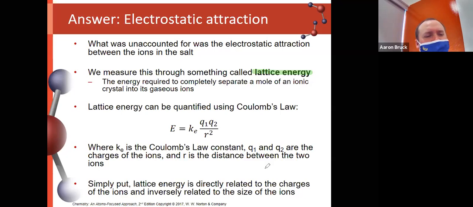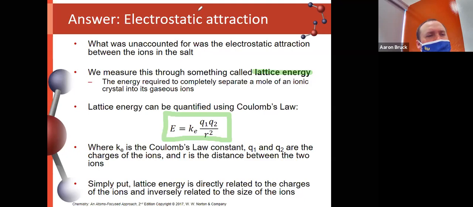Now, we can quantify lattice energy using something called Coulomb's law. Those of you that are in engineering programs, if you're not familiar with Coulomb's law, you're going to become familiar with it when you start to take electricity and some of those kinds of dynamics courses, especially if you're thinking about being an EE. We're not going to actually calculate any lattice energy using Coulomb's law, but you do need to associate with some of the terms.